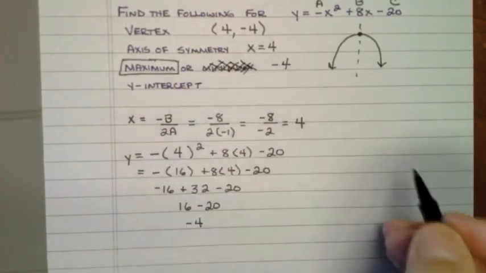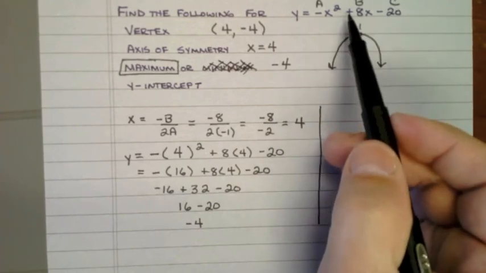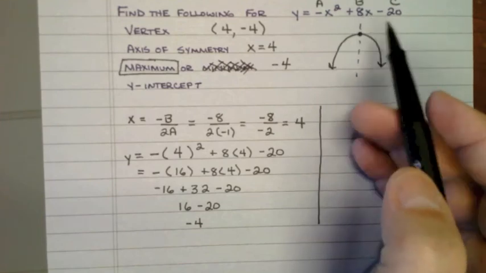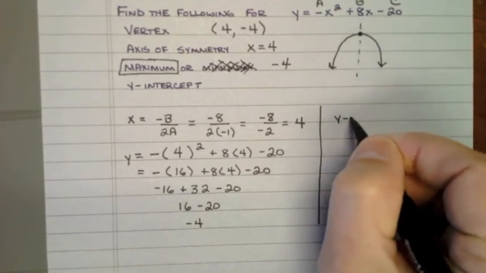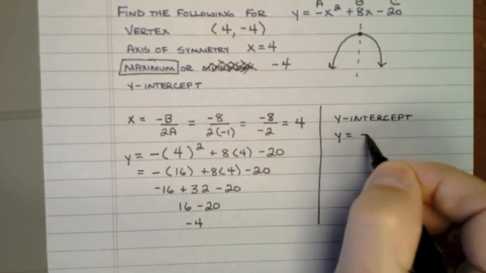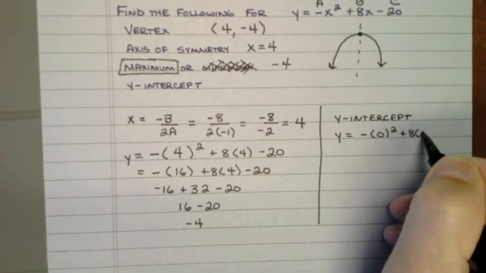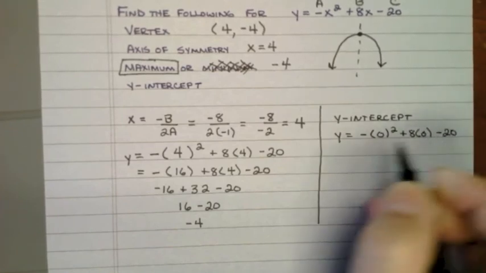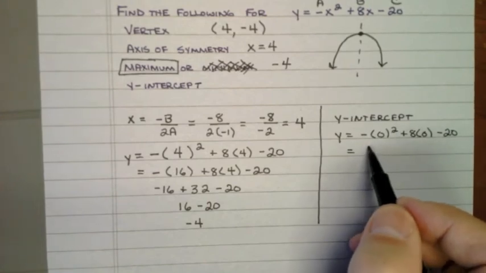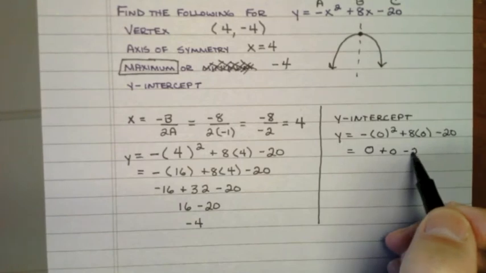What is the y-intercept? To find the y-intercept, I need to take my original equation and plug 0 in for the x's. So the y-intercept, y is equal to negative 0 squared plus 8 times 0 minus 20. 0 squared is 0, times negative 1 is 0, that's a 0, minus 20.